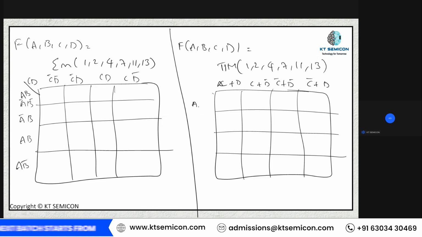So I'm going to get A plus B, A plus B bar, A bar plus B bar, and A bar plus B. Right? Now, I'm going to note down my cell numbers: 0, 1, 3, 2, 4, 5, 7, 6, 8, 9, 11, 10, 12, 13, 15, and 14.